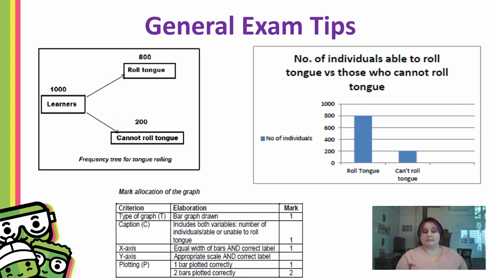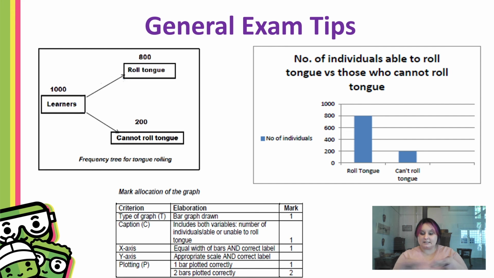So what I did was I went and I asked 1,000 students, can you do this or can't you? And they responded. So that is going to be our dependent variable. So very important that we mention both the number of individuals and the characteristic of tongue rolling, which are our two variables, in our heading. Then we draw a set of axes.